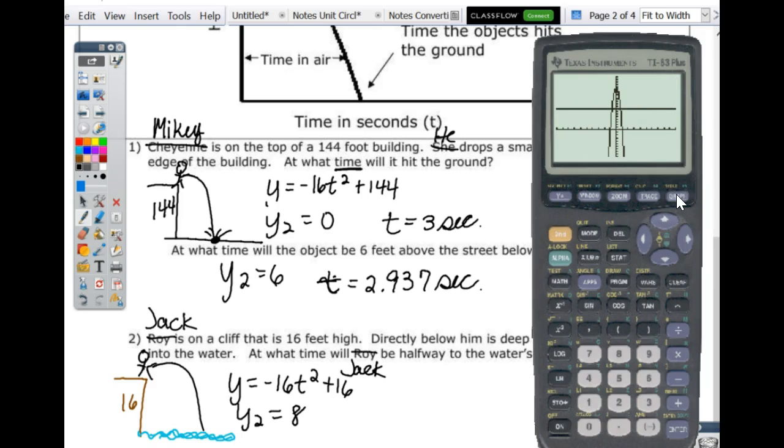So right here is what I'm looking for. I'm looking for the time right here, and the time is my x value, so I'm going to push second, trace, intersect. Jack, you're trucking. It's 0.707.